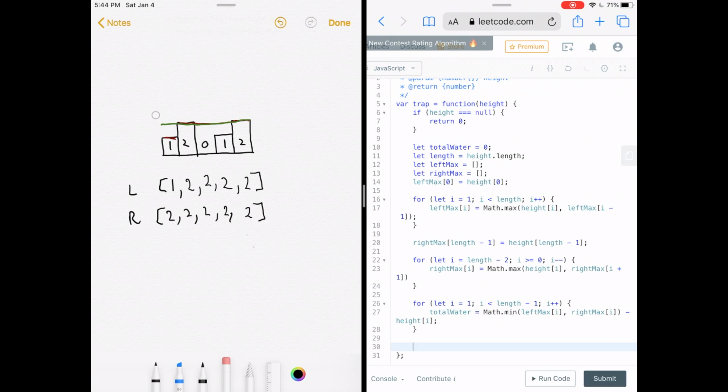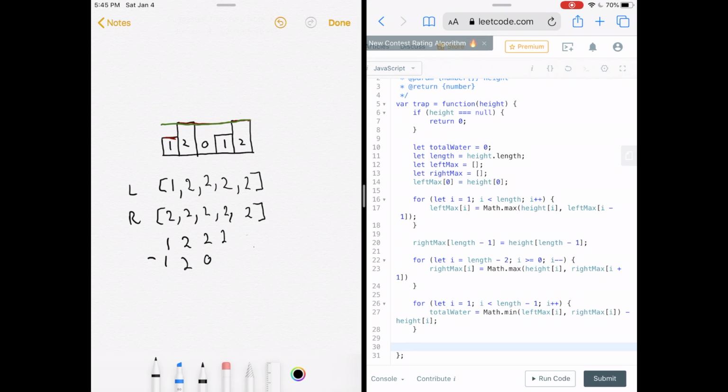So what's the potential maximum here? It would be 1, but there's a building there, so we have to subtract 1 from that. Next one, what's the potential max? It's 2, but there's a building there, so we subtract 2 from that. Next one has a potential height of 2, and there's no building there, so we subtract 0.